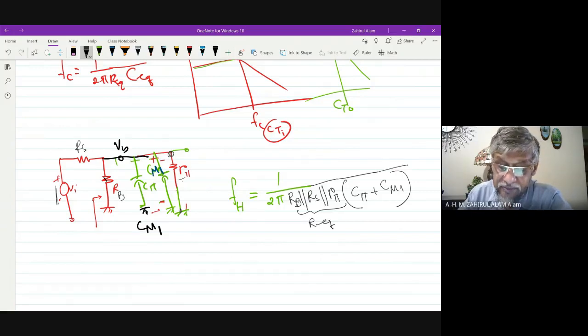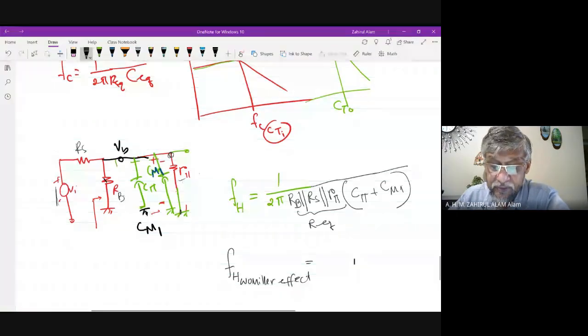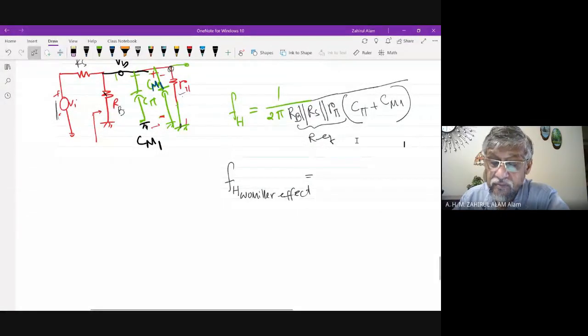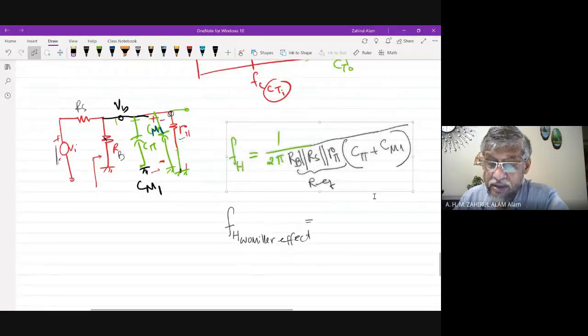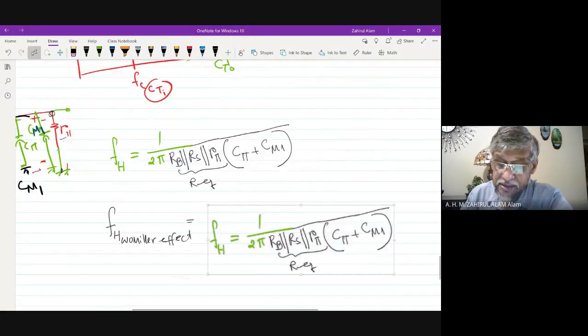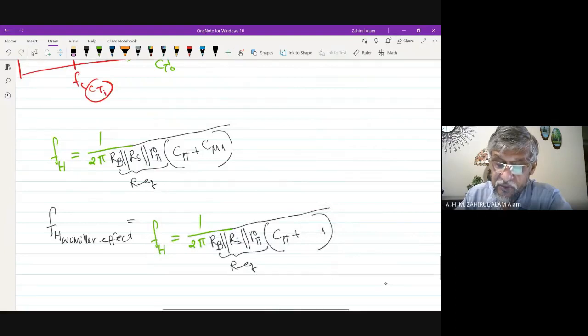If you consider it without the Miller effect, then our high frequency, copy this and paste. Now this is the same, but because we mentioned we don't have the Miller effect.